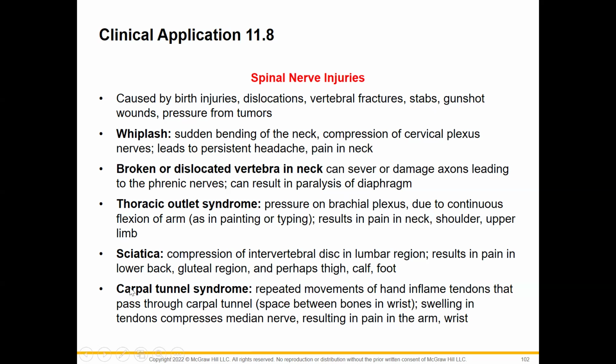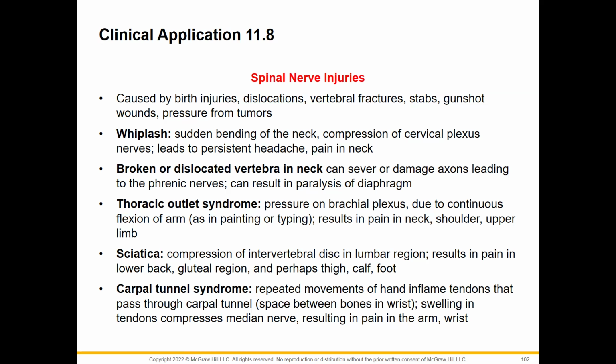Then you have carpal tunnel syndrome. Carpal tunnel syndrome is also caused by repetitive movement. This is the hand. In this case, the hand will have inflamed tendons. There is a tendon that covers over the carpal bones anteriorly. And with repetitive motions, that tendon or that membrane can become inflamed and swell.